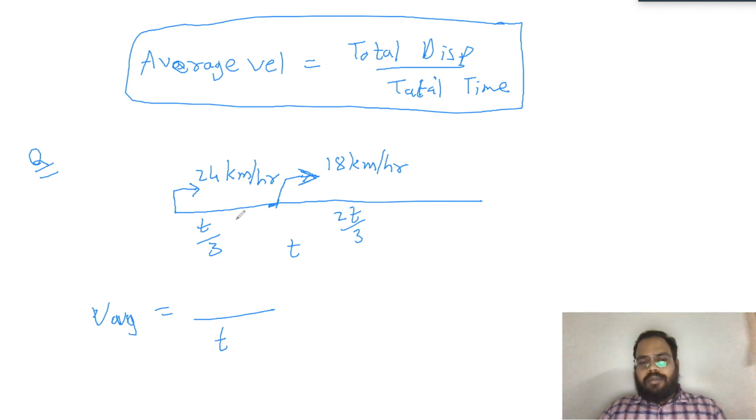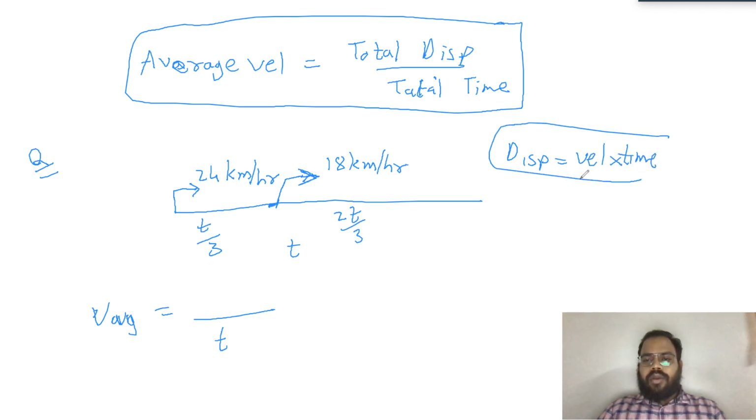For displacement, I can calculate the displacement in the 1/3 part, and then in the 2/3 time I can also calculate the displacement, because displacement is equal to velocity into time. Since velocity is different in the 1/3 time and the rest 2/3 time, I'll calculate them and add them.